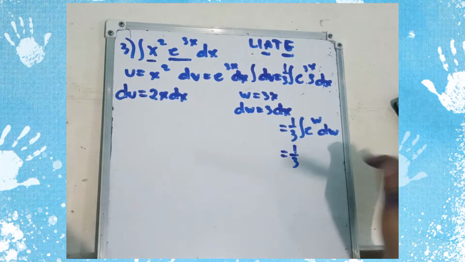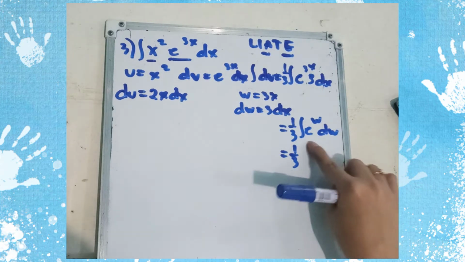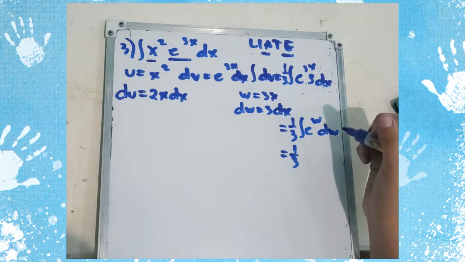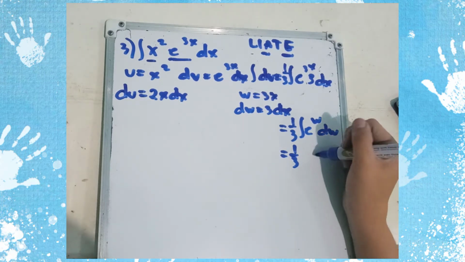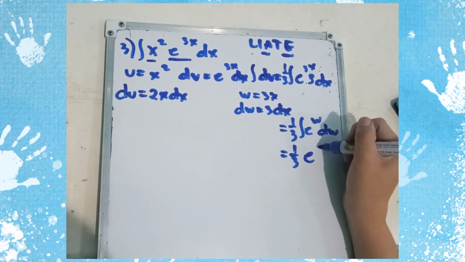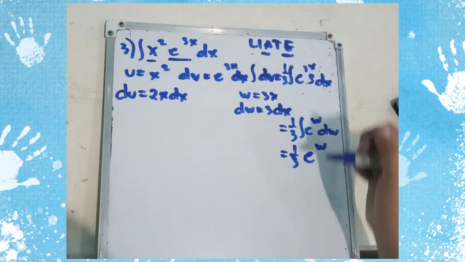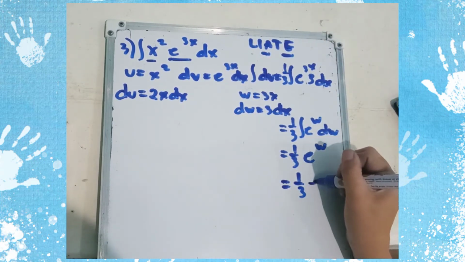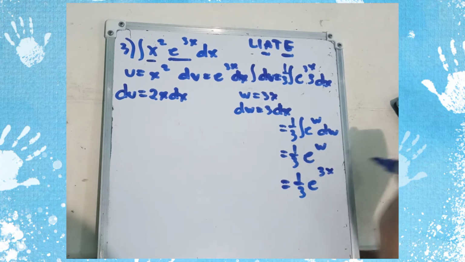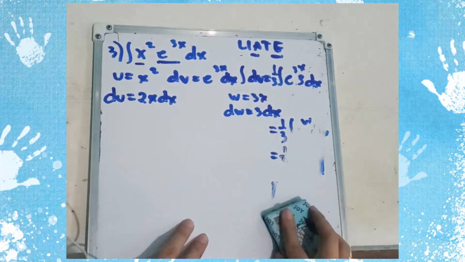That's 1/3, and the integral of this one, as we already know, we already have a formula for, is simply e to the power of w. Then going back, substituting, that's 1/3 e to the power of 3x, since w is 3x.